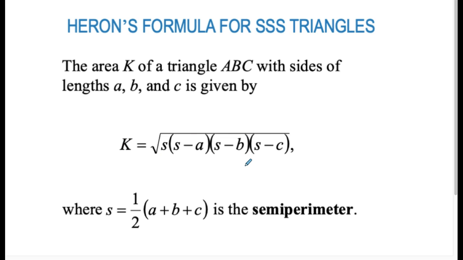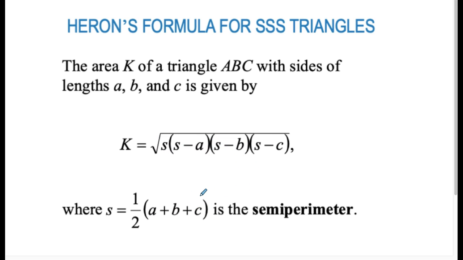I'm just going to give you this formula to find the area of a side-side-side triangle. Now, in this formula, S shows up a bunch of times. S is called the semi-perimeter. It's just half of the perimeter of the triangle. So we want to take all 3 sides, add them together, and then just take half of that to get our value of S for this formula.